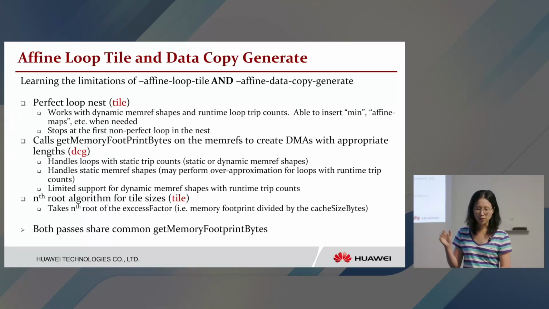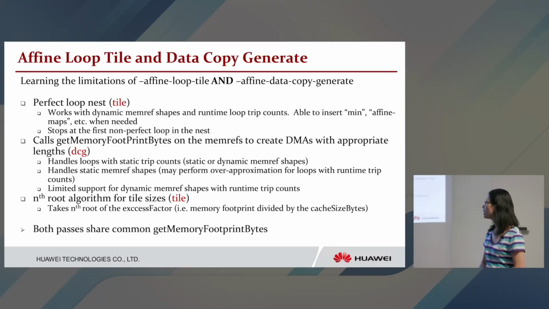Okay, so one also must know what's the default tiling algorithm as written by Wude. I think he contributed to the affine tile algorithm. So it takes the nth root algorithm to do the tiling. What does it mean? It first computes the excess factor, meaning what's the memory footprint in excess of the cache, how much more in excess you are to the local fast cache.